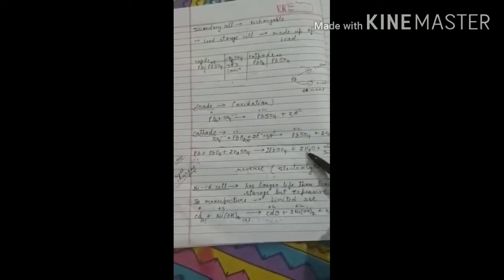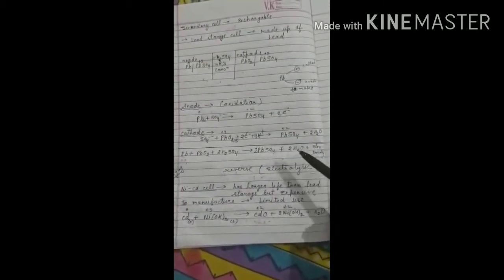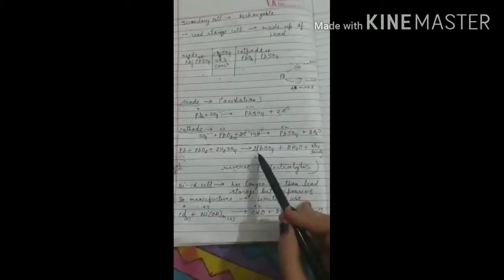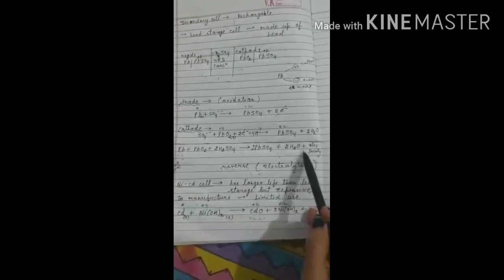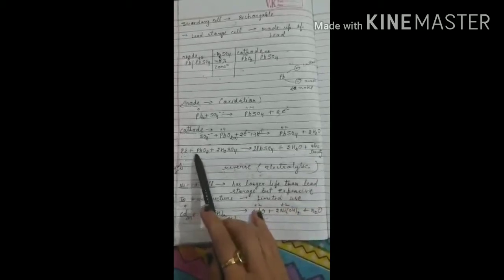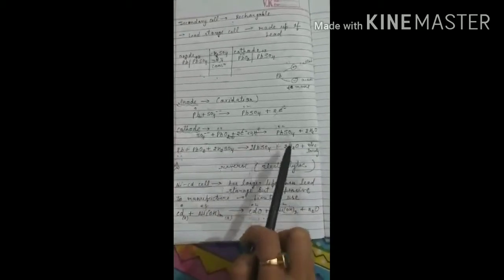This reaction takes place when the battery is being used. But the reverse process happens when the battery is charging. Whenever it is working, it produces electricity. But when the light comes, it starts to charge again, and the whole reaction is reversed. The terms written on the right hand side move to the left hand side, and the terms on the left move to the right.